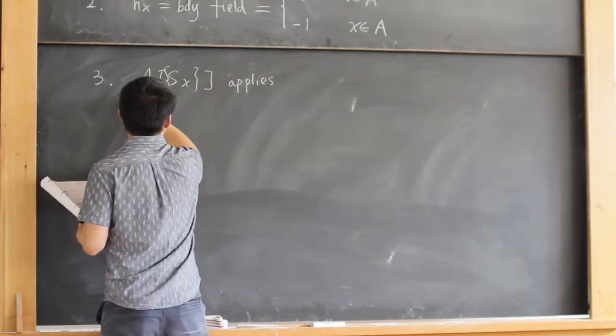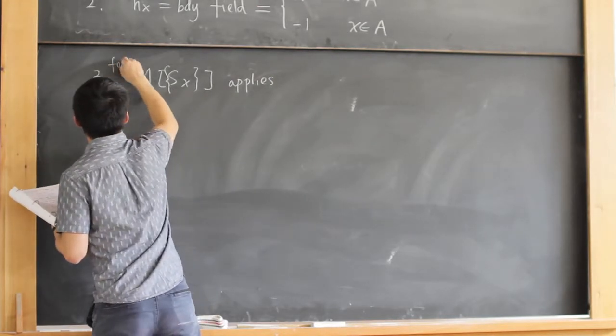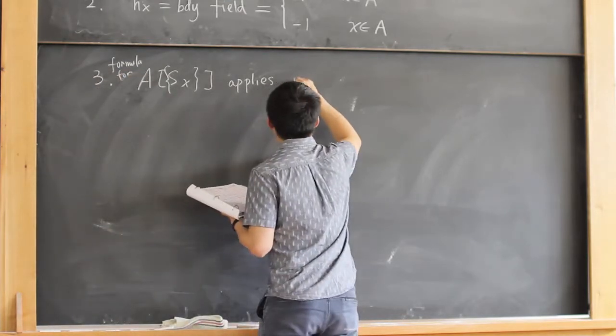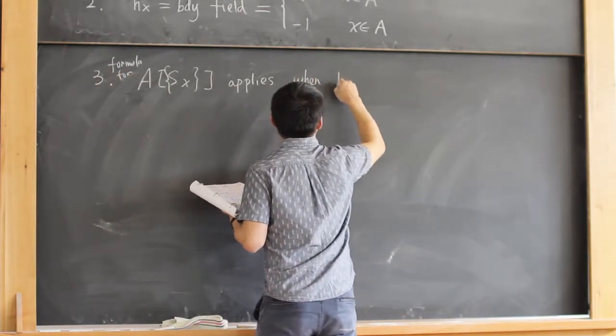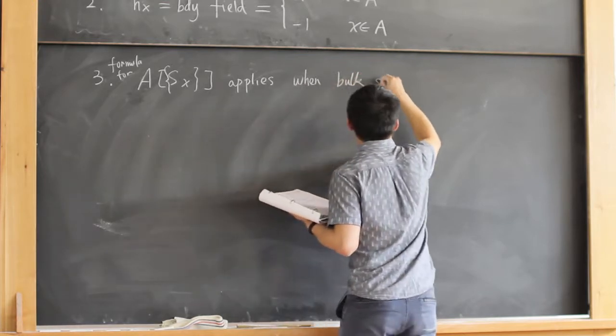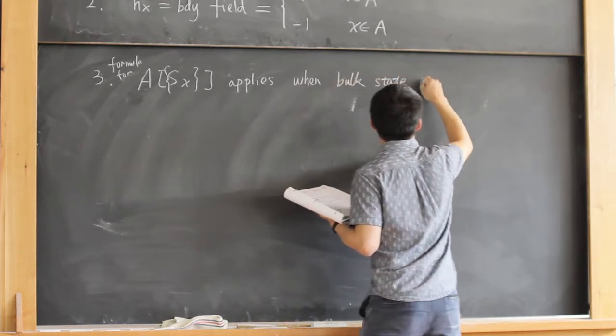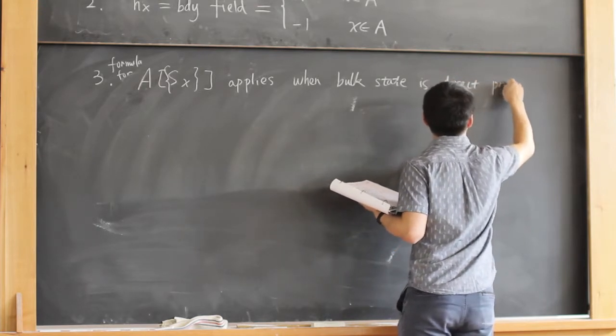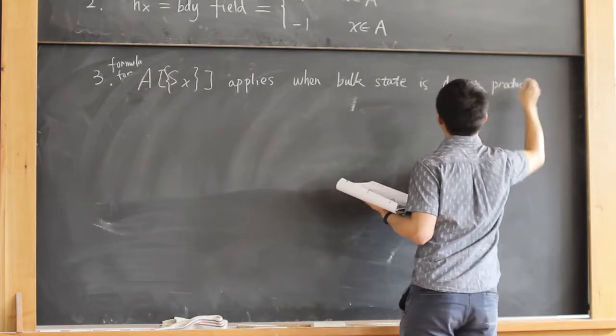It applies when the bulk state that we are feeding into the tensor network is a direct product state. So let's consider that situation first.